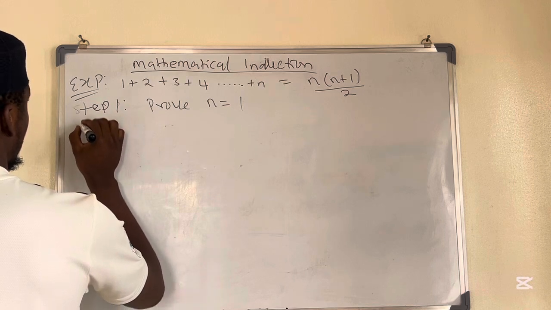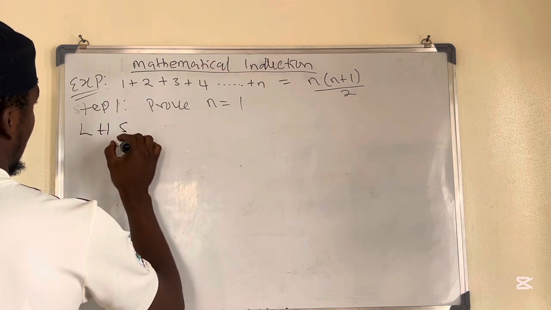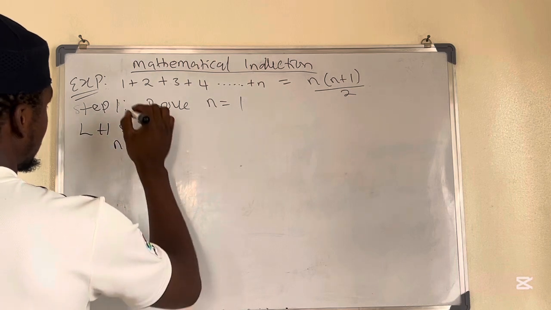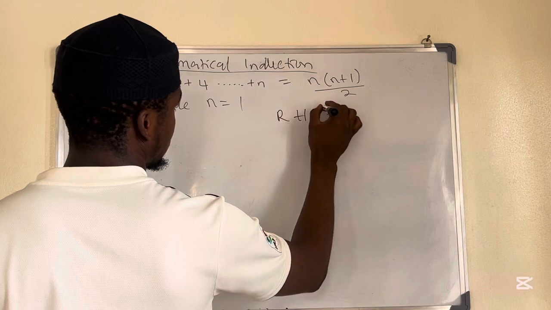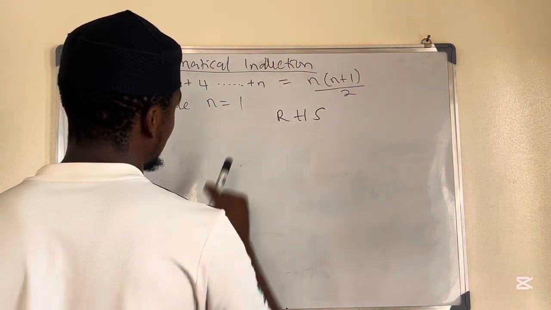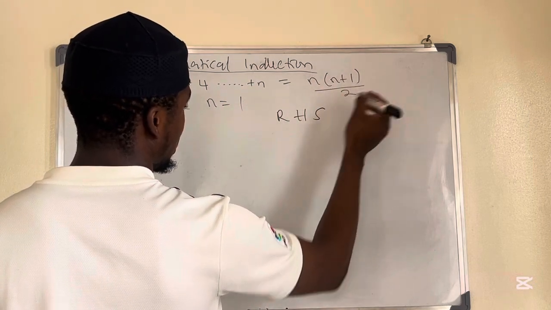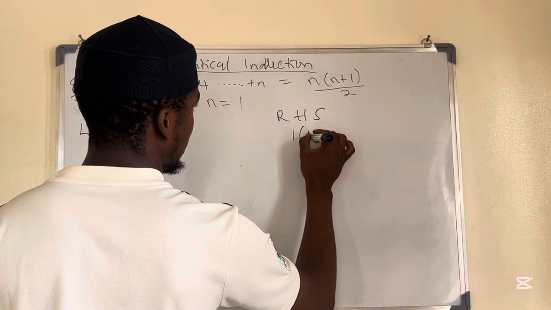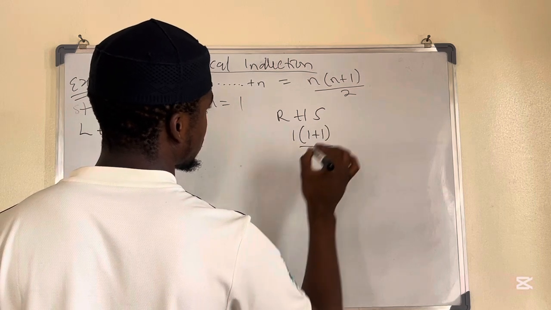For the left hand side, n is equal to 1, which is the first term. For the right hand side, we're going to substitute the value of n, which is 1. So we have n into n plus 1 all over 2, so we have 1 into 1 plus 1 all over 2.